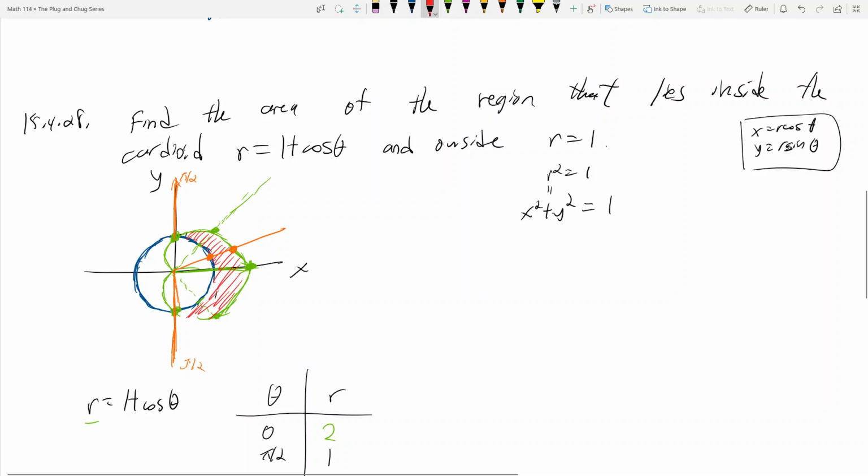And if you look at the red area in my picture, you'll see that it gets smaller and smaller as I approach either the positive or the negative y-axis, but there's still going to be a countable amount of area until I actually get to that axis.